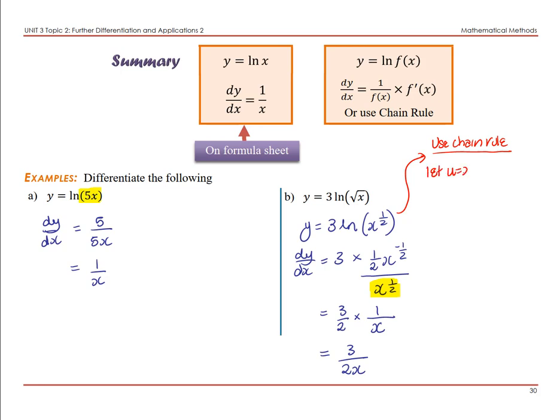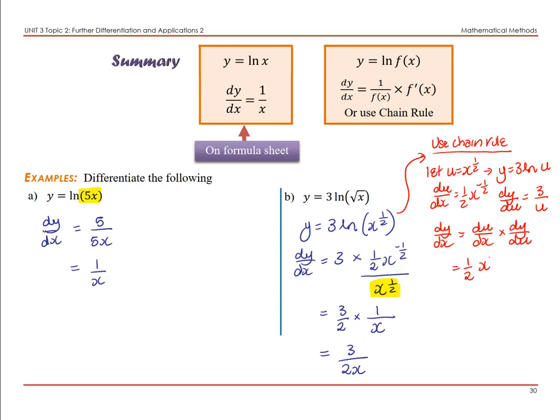If you let u equal x to the half, you have that y equals 3 ln of u. du/dx is a half x to the negative a half. dy/du is 3 over u. dy/dx is du/dx multiplied by dy/du, which becomes a half x to the negative a half multiplied by 3 over u, which is 3 over 2 x to the negative a half over x to the half.